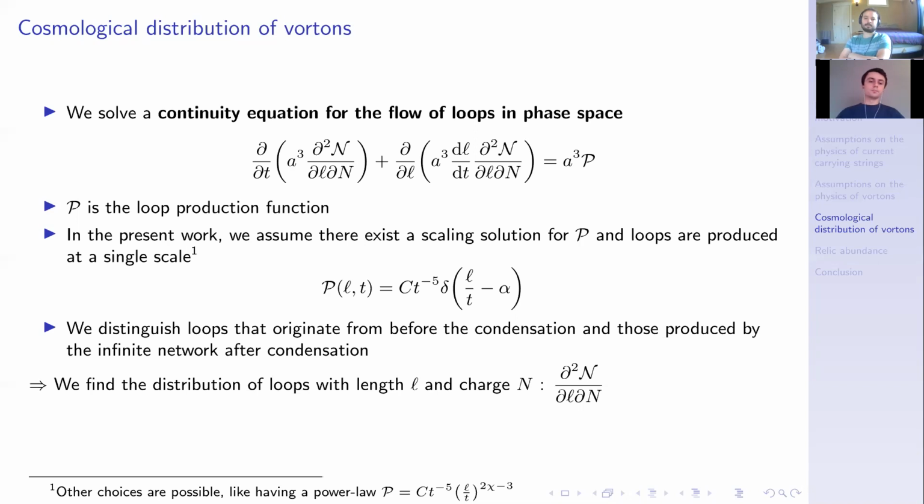And we solve that equation analytically for any value of J, and we find a distribution of loops for length and charge. And you have to distinguish, when you do that, the loops that come from the initial conditions, that is to say, the loops that were present at the time of condensation and that acquired a current at this moment, and the loops that were produced by the network after the condensation, that we call produced loops.